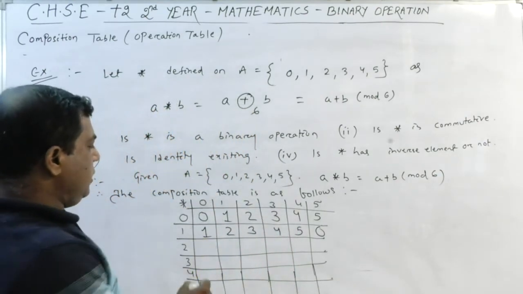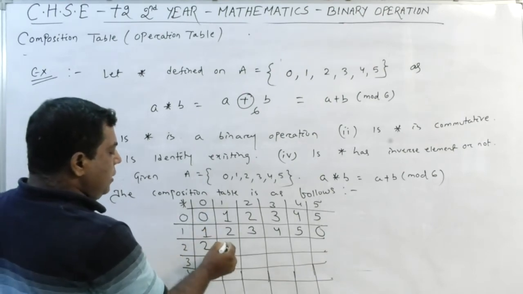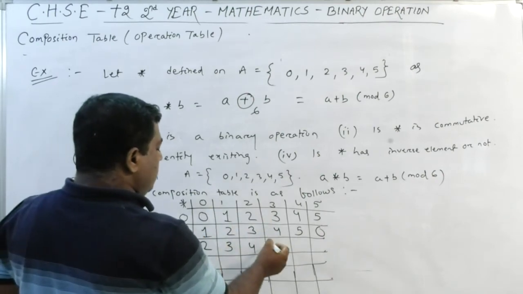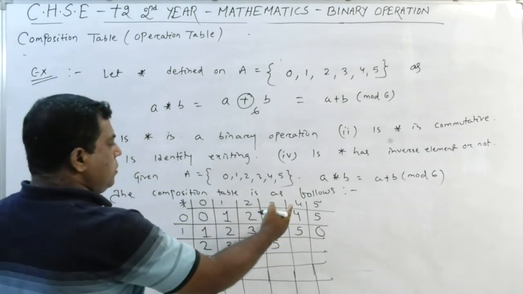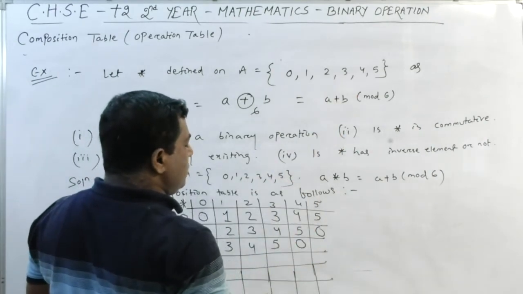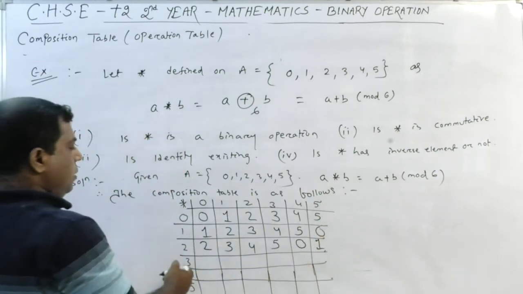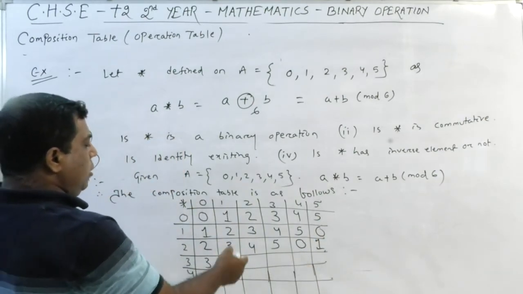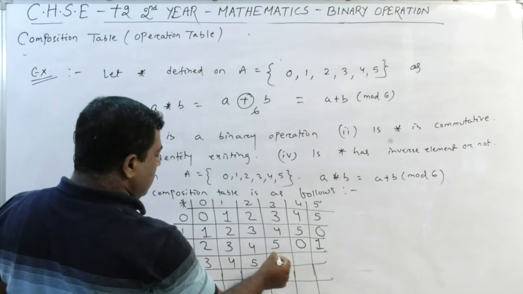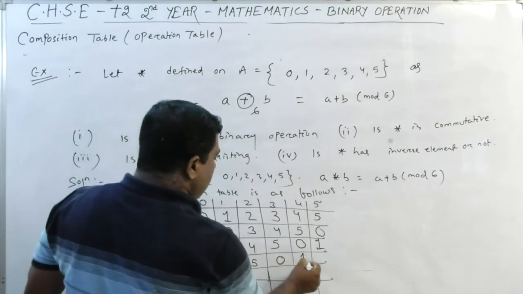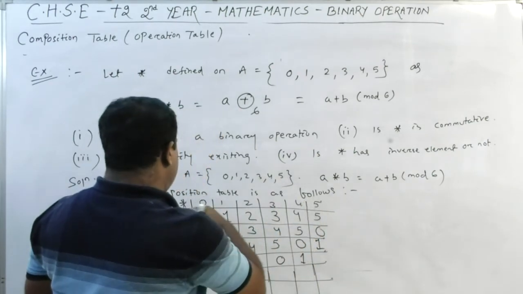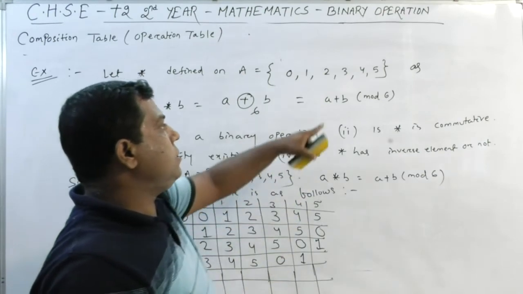2 operation 0 is 2. 2 operation 1 is 3. 2 operation 2 is 4. 2 operation 3 is 5. 2 operation 4, the remainder is 0. 2 operation 5 is 7, and 7 divided by 6 has remainder 1. 3 operation 0 is 3. 3 operation 1 is 4, then 5, then 6 with remainder 0, so again 1. 3 plus 4 is 7, so 7 modulo 6 is 1. 3 operation 5 is 3 plus 5, 8.